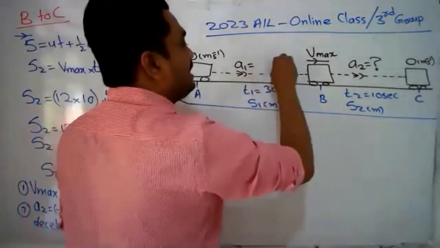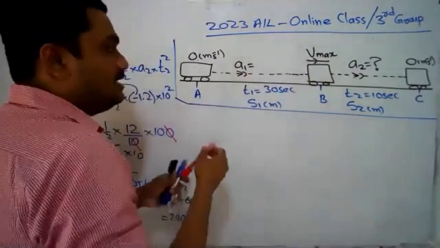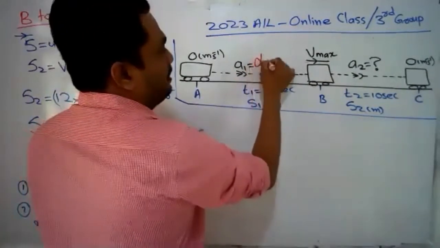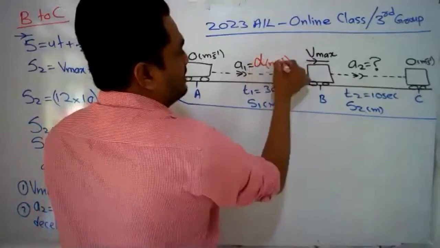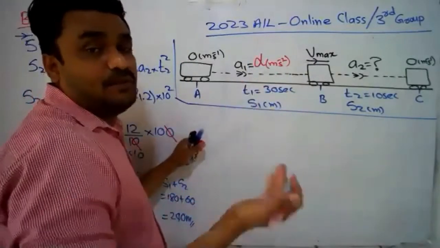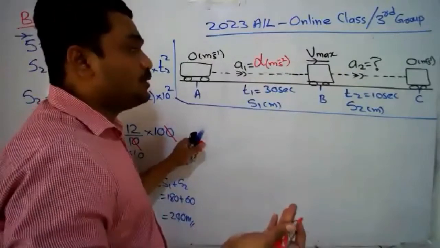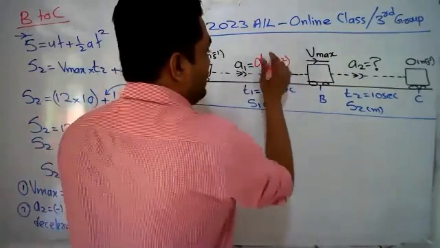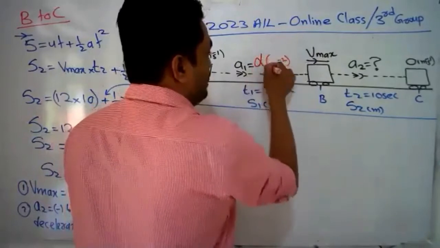They have given a letter, right? They have indicated acceleration as alpha meters per square second. Can you identify it? It's not a number. Alpha may be 1, alpha may be 2, alpha may be 1.2, alpha may be 0.4, anything. So they have said that acceleration from A to B is alpha.